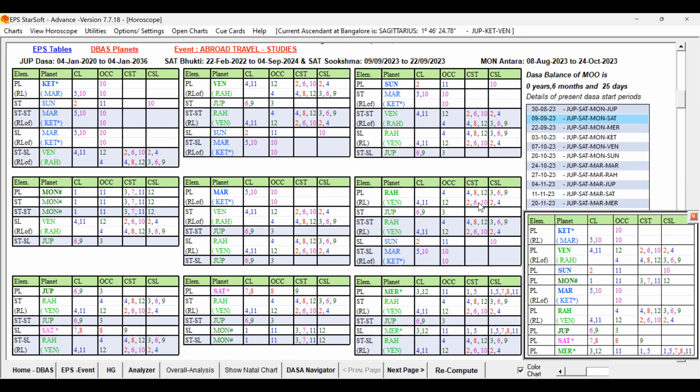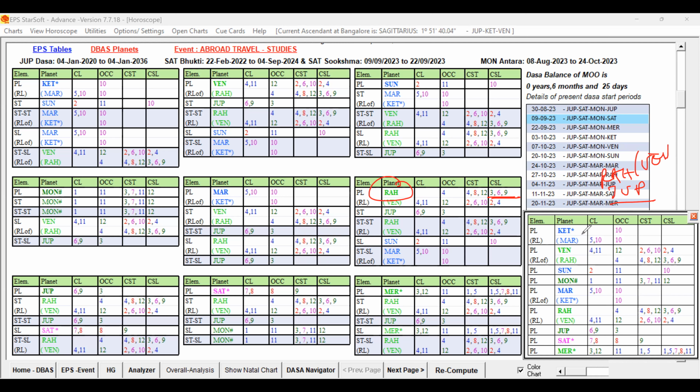So Dasa Lord is Rahu. As already we discussed, Rahu is the key planet, the primary destiny planet itself we studied. When we studied that destiny planet, we could see which favorable key planets are playing here. We studied Rahu playing, Venus playing, and Jupiter.